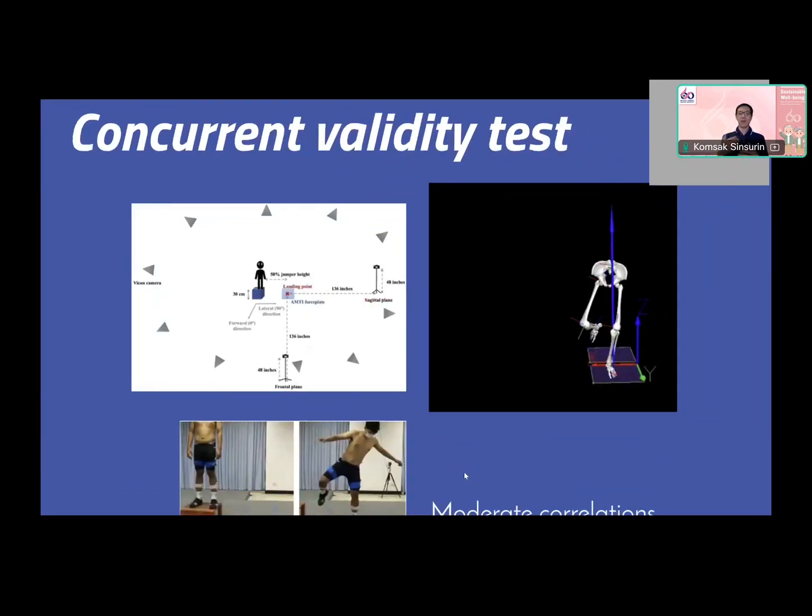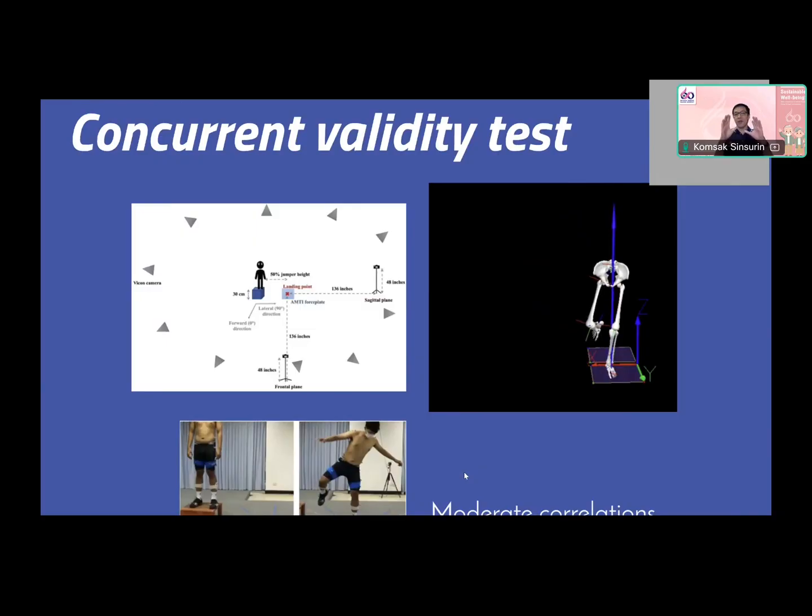Next, we also compared the LESM measurement to the standard motion capture, or 3D motion analysis. We asked the jumper or the athlete to perform a single leg jump landing in lateral directions.